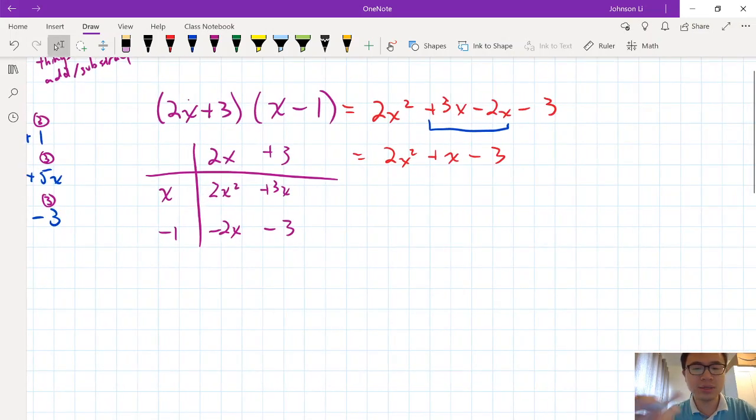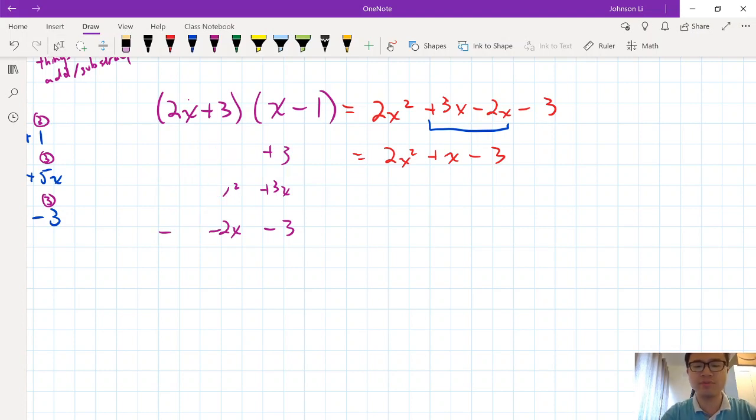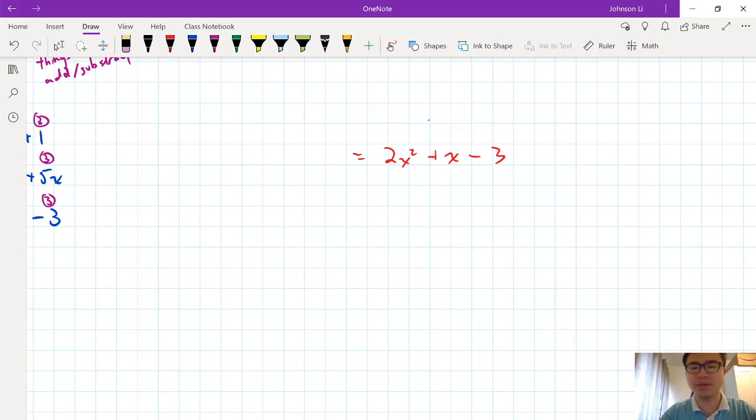Now let's say the reverse. Let's say we want to revert everything we just did here. What if I gave you a trinomial, something like this, because it has three terms, three things being added or subtracted from each other, and I wanted to revert back into that form that had two brackets with a few expressions inside?